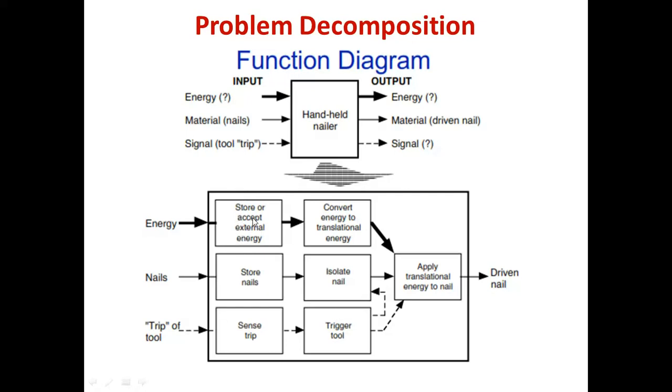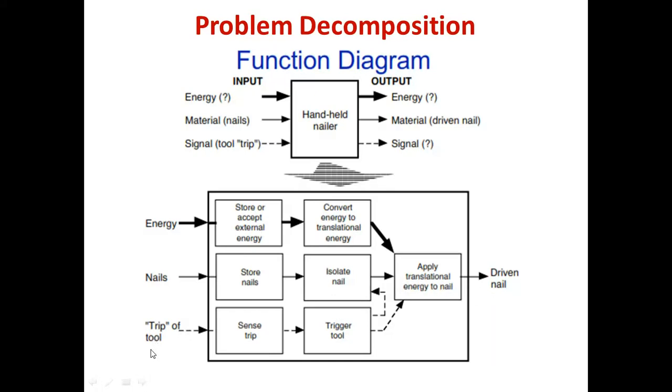Store or accept external energy, so we are converting the energy to translation energy. We are nailing into the wood, so translation energy is required. Apply translation energy to the nail and get the driven nail. The nailer stores nails, then continuously feeds the nail through the wood piece, which is also a translation motion.